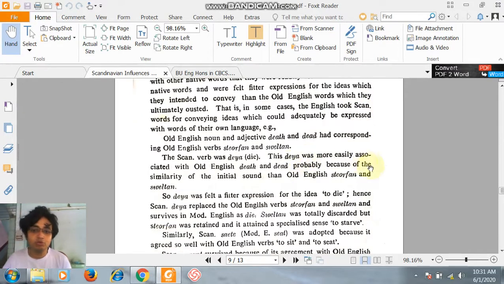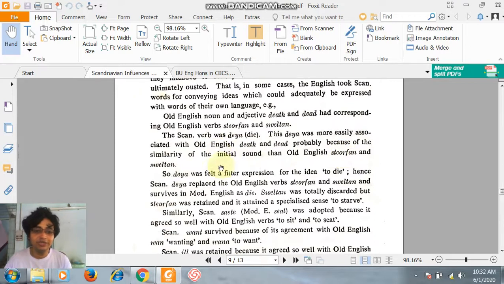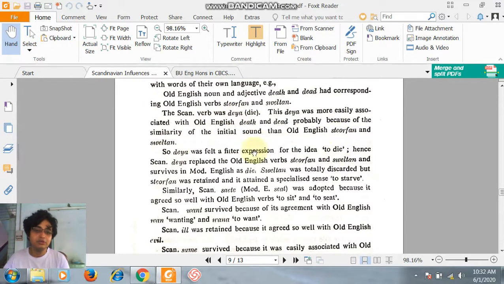This deyja was more easily associated with the Old English death and dead, probably because of the similarity of the initial sound, and thence it replaced steorfan and sweltan. From the Scandinavian verb deyja it becomes die. So deyja was felt a fitter expression for the idea to die, and hence Scandinavian deyja replaces the Old English verbs steorfan and sweltan and survives in modern English as die.